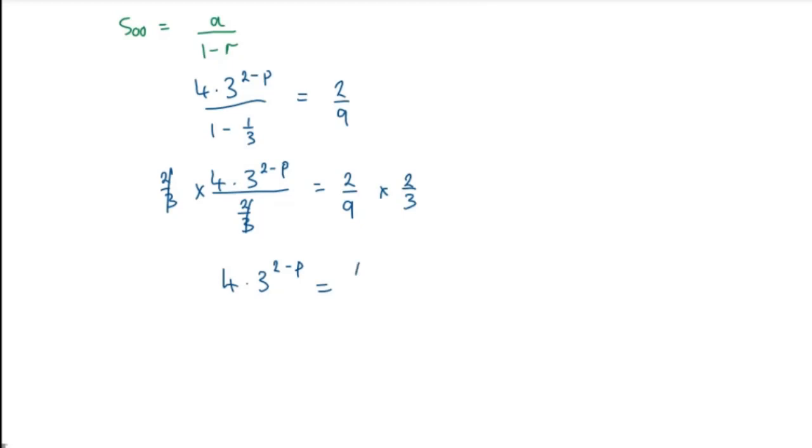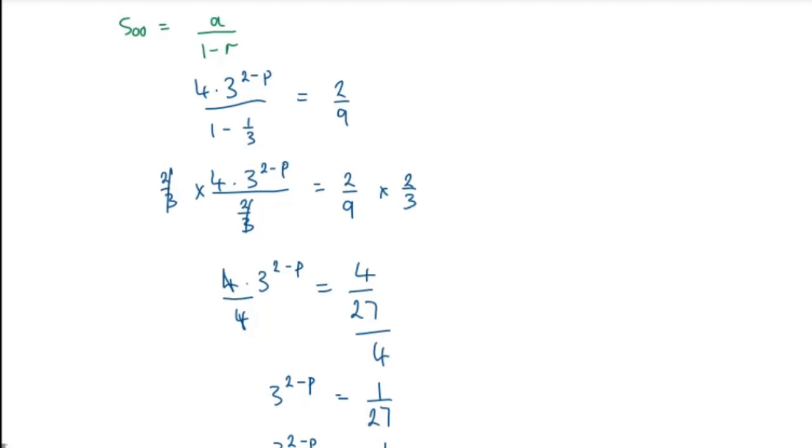So that will be 4 over 27. Divide both sides by 4, let's cancel. Then 3 to the power of 2 minus p becomes equal to 1 over 27.